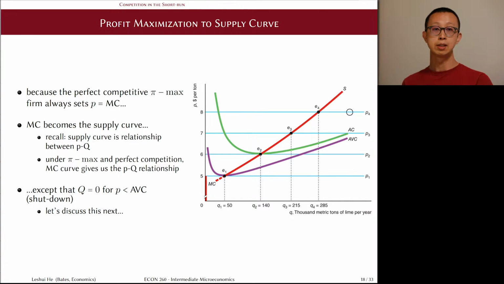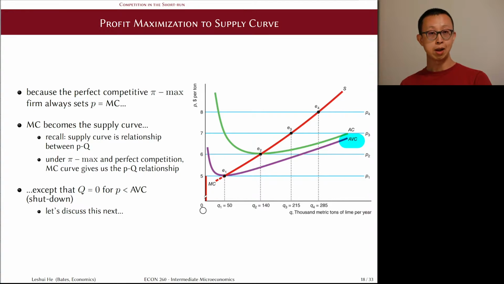In other words, instead of choosing the corresponding output level at each price point, it may be better for the firm to just stop operating altogether and choose output level equal to 0. It turns out that in the short run, the firm would opt out and stop producing if the price is below the average variable cost, or what we call shutdown.